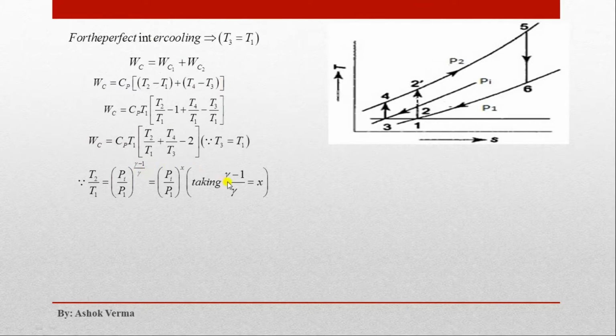So we are taking it as x. Sorry, this will be T4 by T3, equal to P2 by Pi to the power gamma minus 1 by gamma.